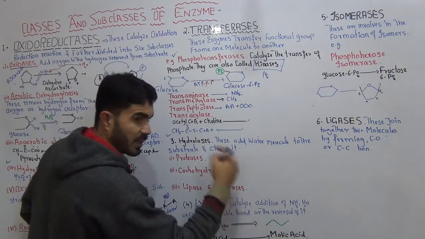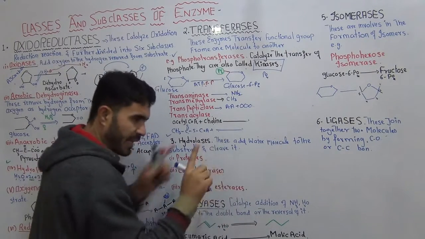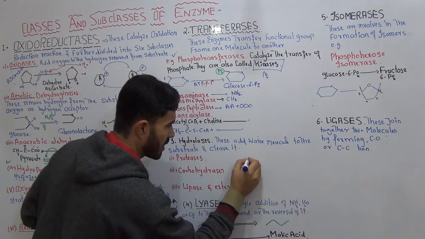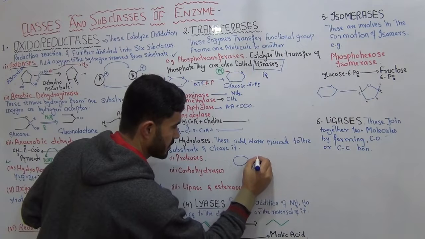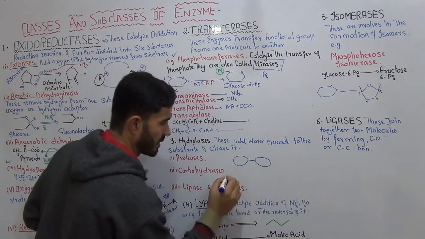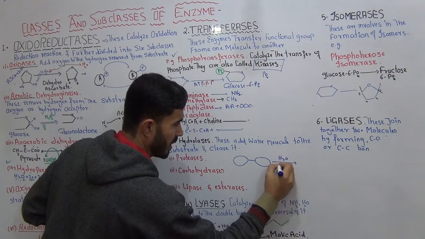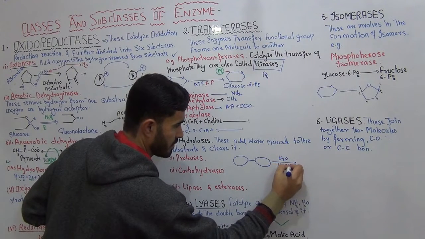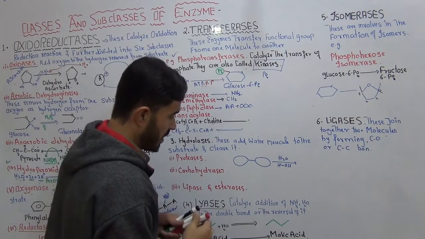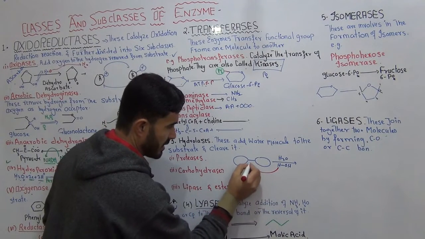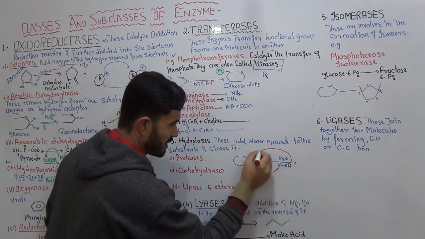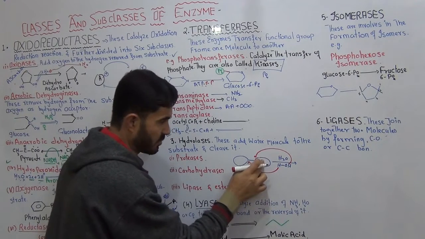Now hydrolases, the mechanism, what they do, how they break down a compound. Let's suppose this is a compound, and it is linked, two parts. By the help of water, H2O, H and OH, one of the hydrogen will attach here, the OH will attach to that part, to that segment.